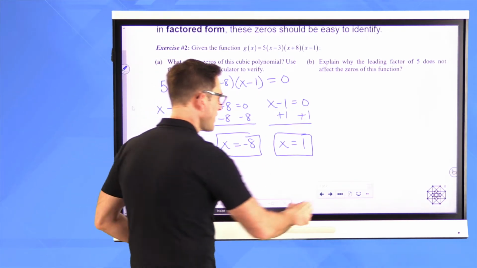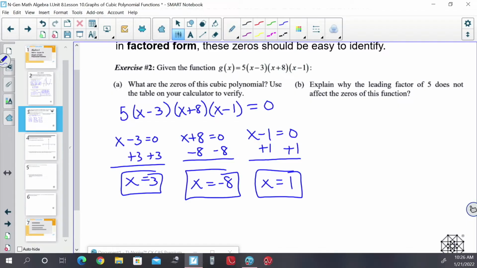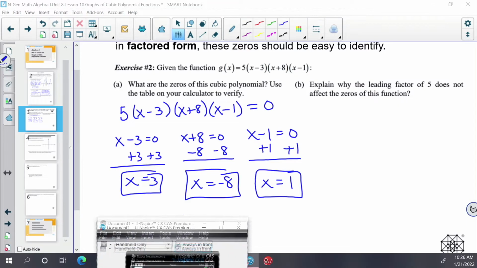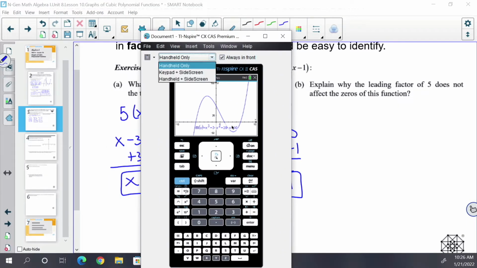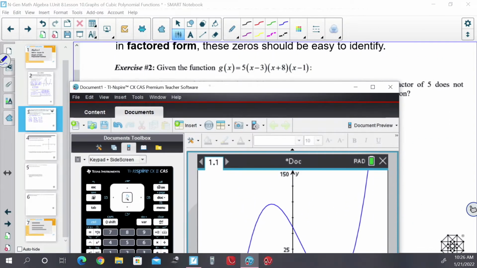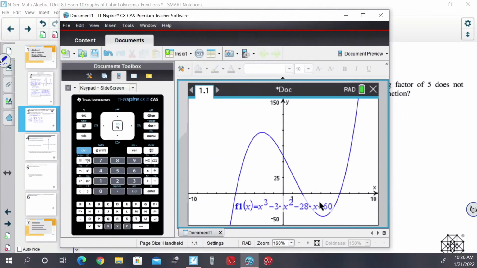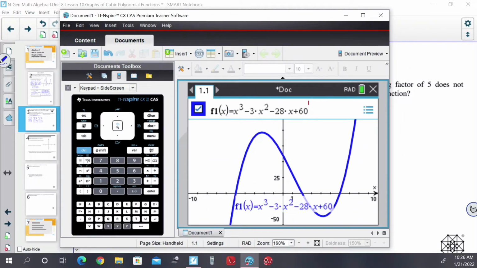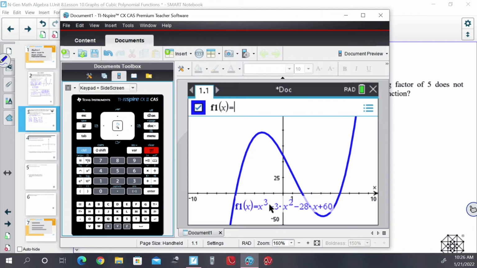Let's verify it on the calculator. I'm going to bail out of this again. Hopefully bring my calculator up, put it back on this. All right, here we go. Let's clear this thing out.